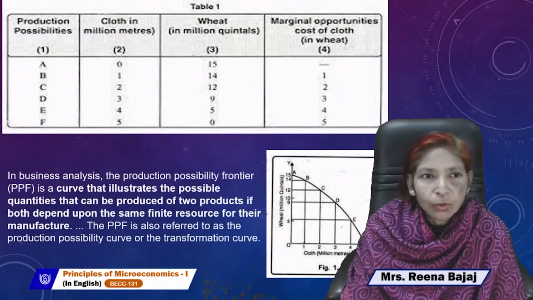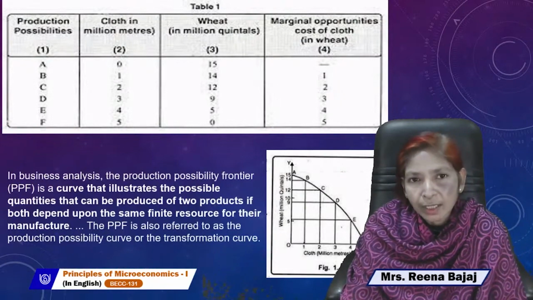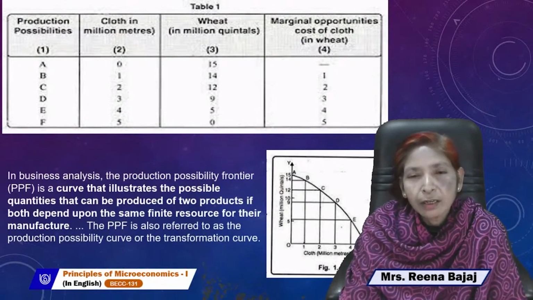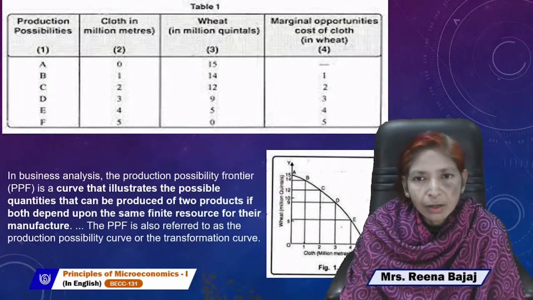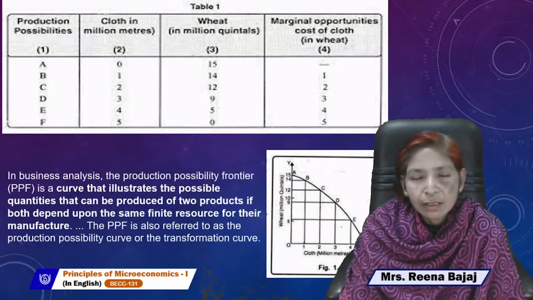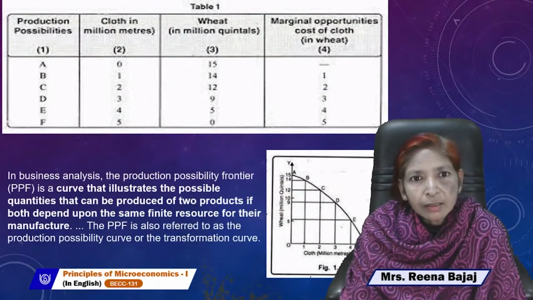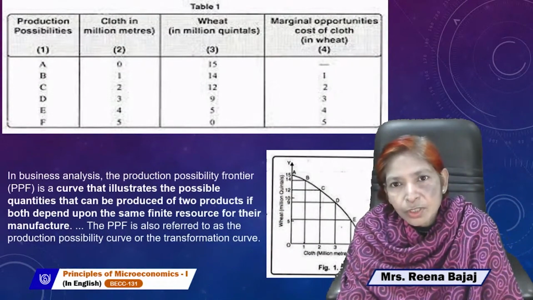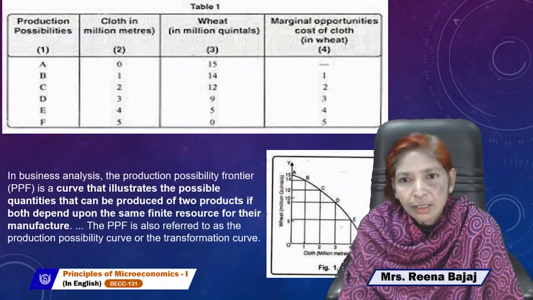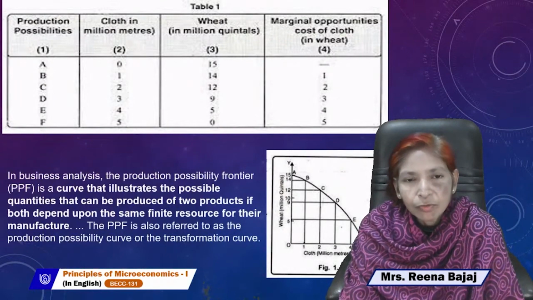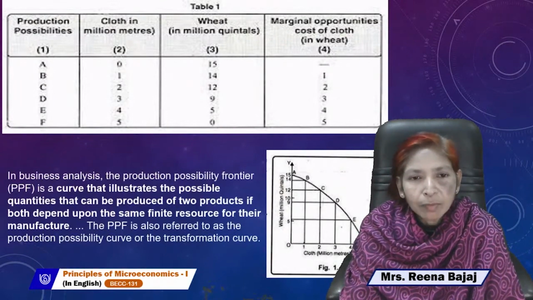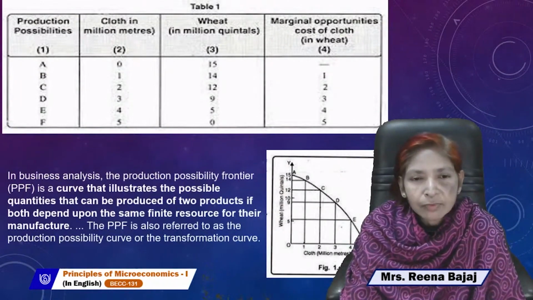If we assume that cloth is x and wheat is y, the formula of marginal opportunity cost will be delta y upon delta x, or loss of y upon gain of x. Here the marginal opportunity cost is in increasing order: 15 minus 14, 1; 14 minus 12, 2; 12 minus 9, 3; 9 minus 5, 4; and 5 minus 0, 5.